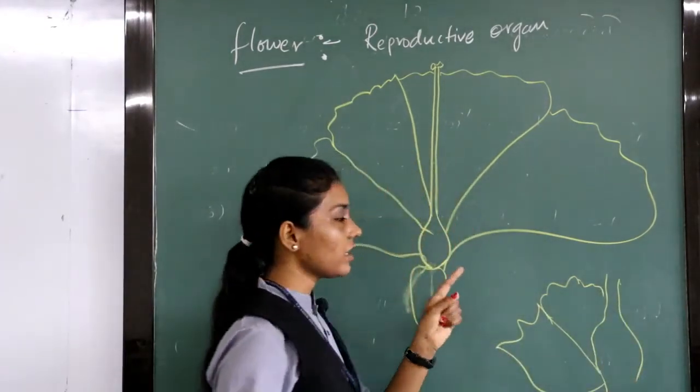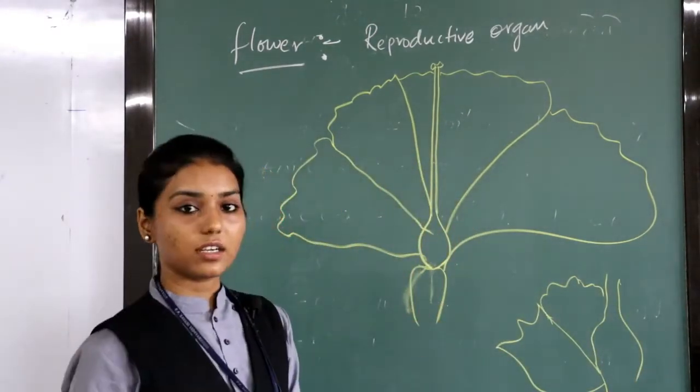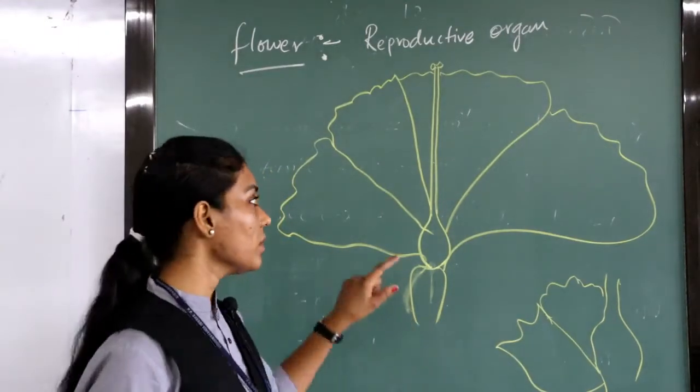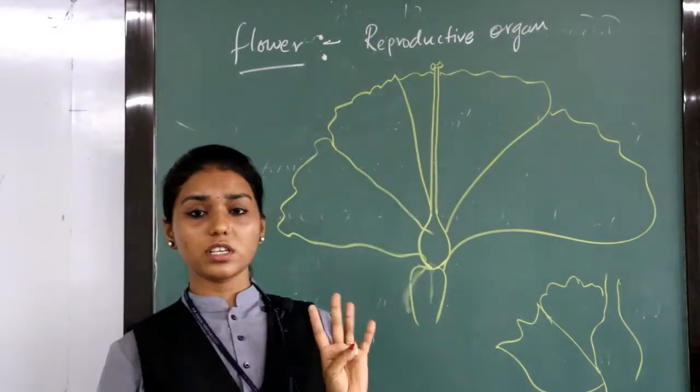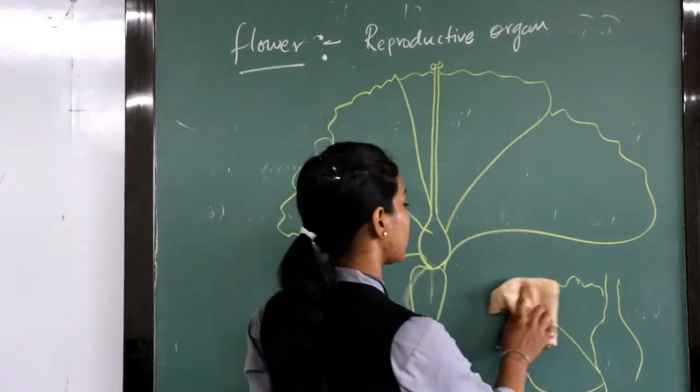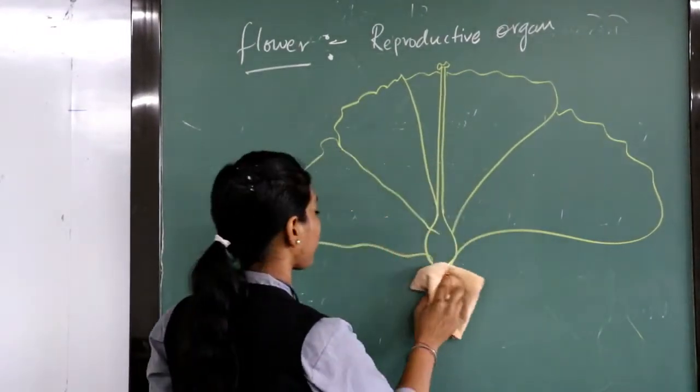But in the exam you are always in a hurry and write everything very quickly. So for that, the easiest diagram I am telling you, this is how you can draw.